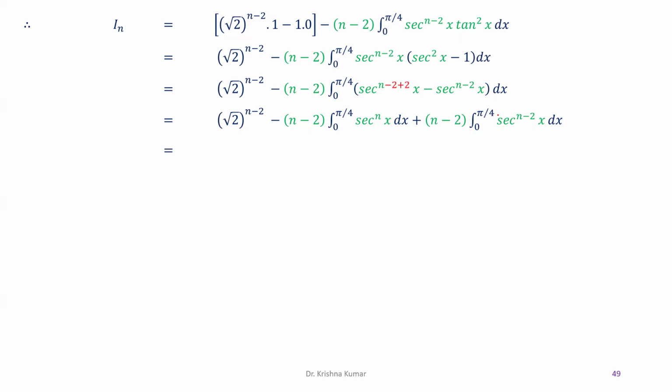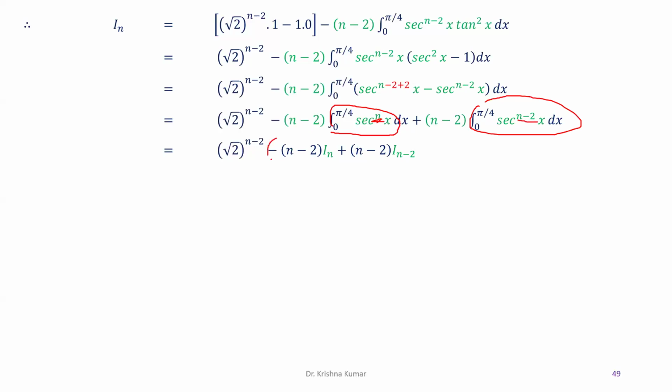Now we can write down, this is nothing but I_n, and this is nothing but I_(n minus 2), because here this is n and here n is replaced by n minus 2. Now we can transpose: the n minus 2 into I_n can be taken to the left hand side, and then we have I_n plus n minus 2 into I_n, which is equal to root 2 to the power n minus 2 plus n minus 2 I_(n minus 2).